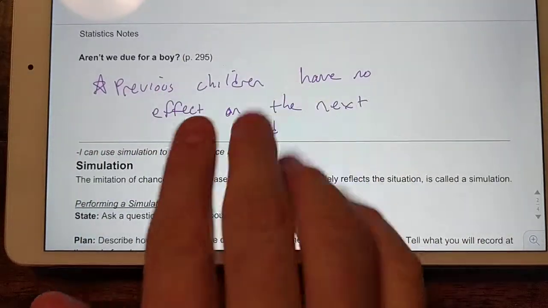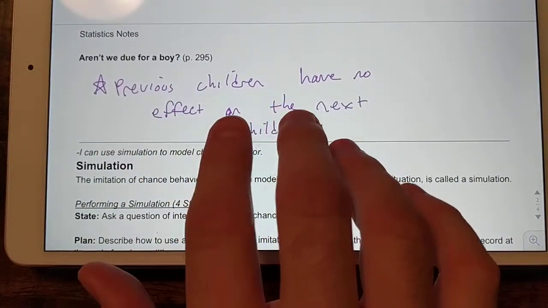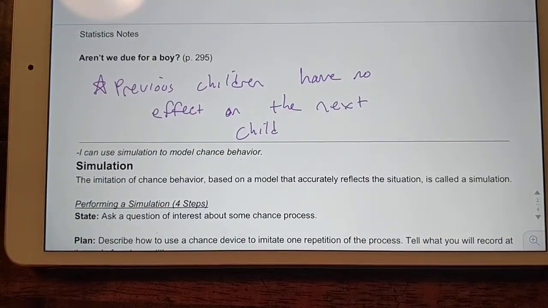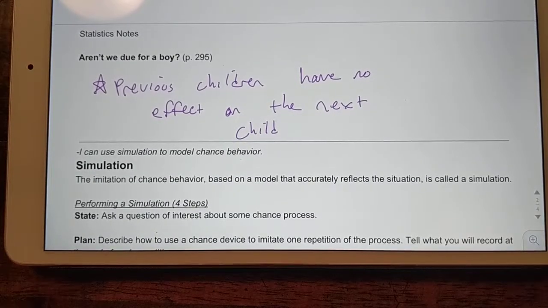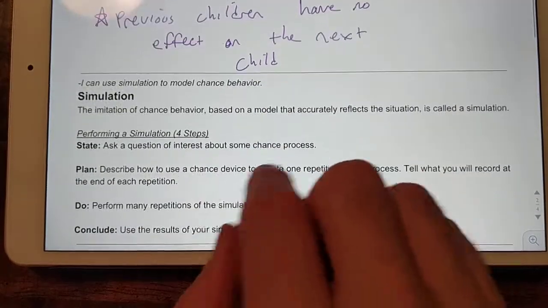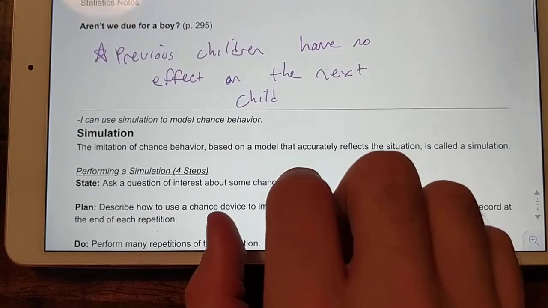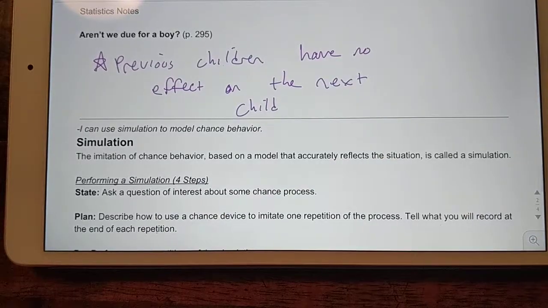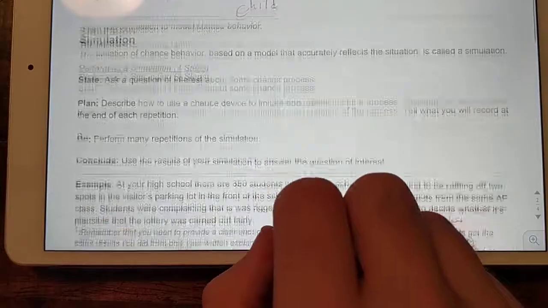Same with boy-girl situations, or parents who keep trying to have more and more kids to get the other gender they desire. Previous children do not have an effect on that next child, so they think law of averages might help them out, but in fact it has nothing to do with the next child that they have.